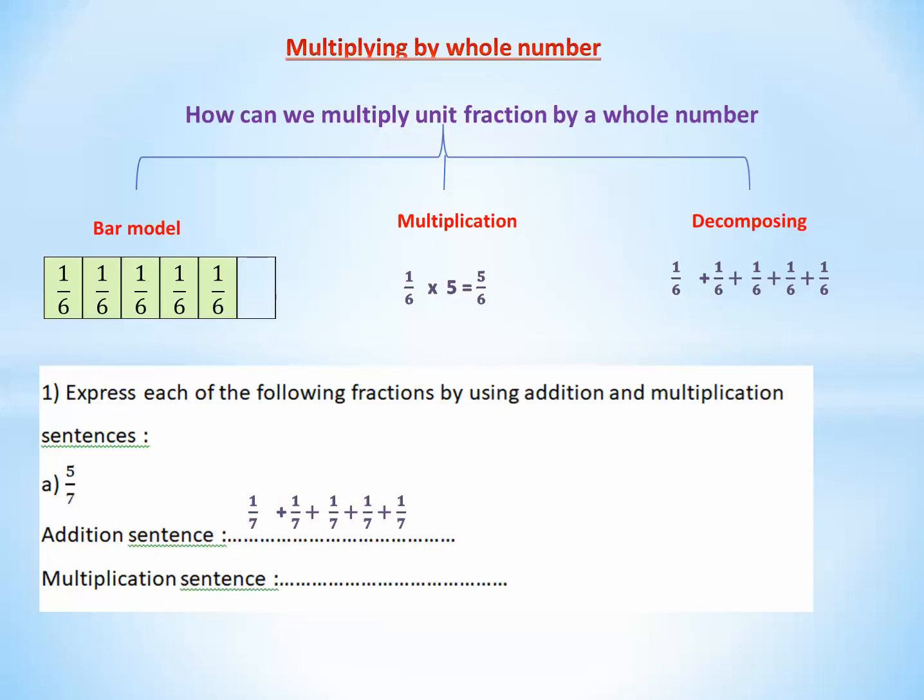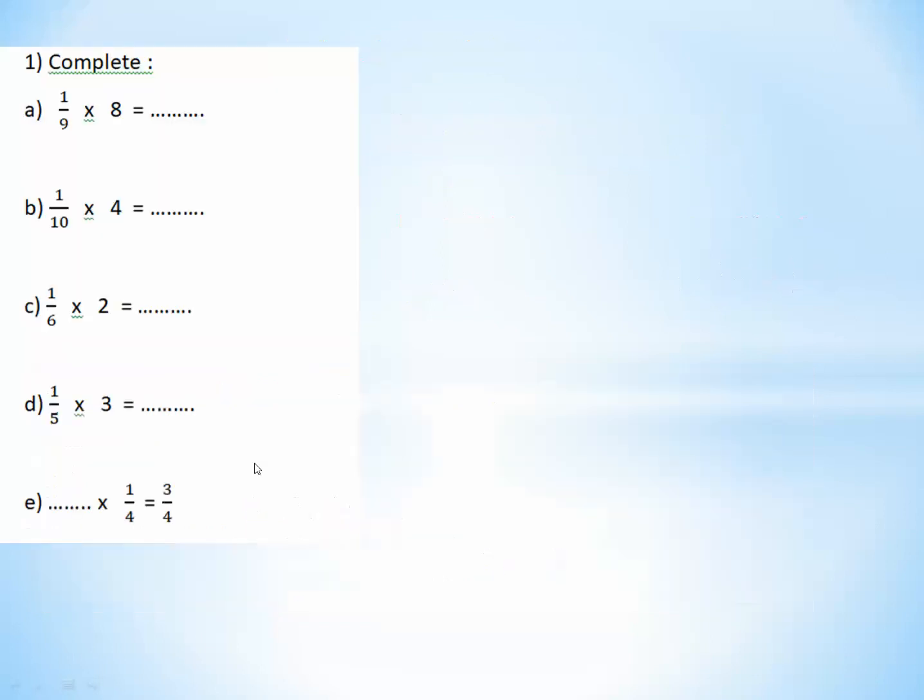Multiplication sentence, this is the repeated addition, we take 1 over 7 times 5, it will be 5 over 7. 1 over 9 times 8, 1 times 8 equals 8, it will be 8 over 9. 1 over 10 times 4 will be 4 over 10. 1 over 6 times 2 will be 2 over 6. 1 over 5 times 3 will be 3 over 5. Which number times 1 over 4 will be 3 over 4? It will be 3. Thank you.